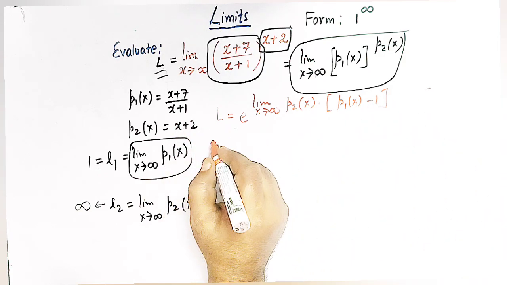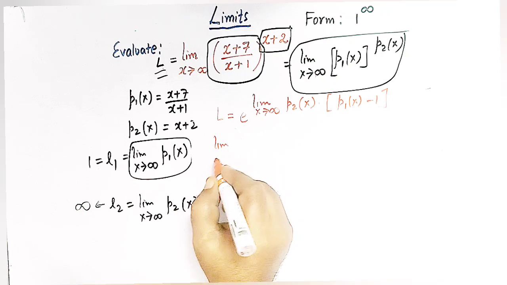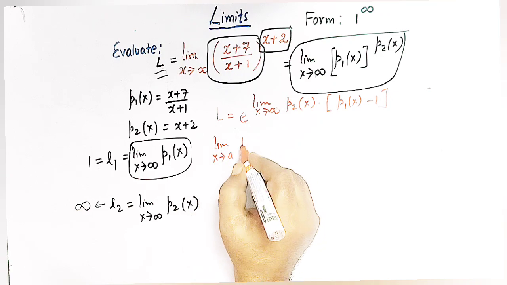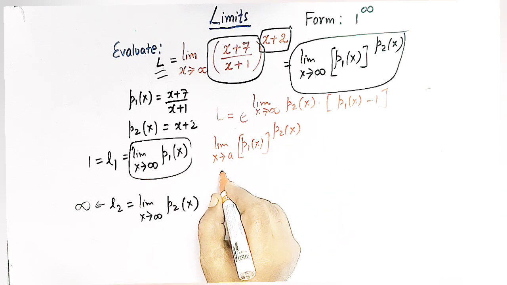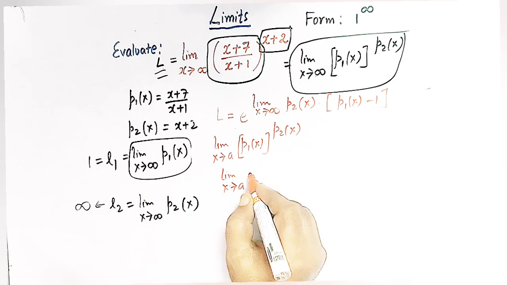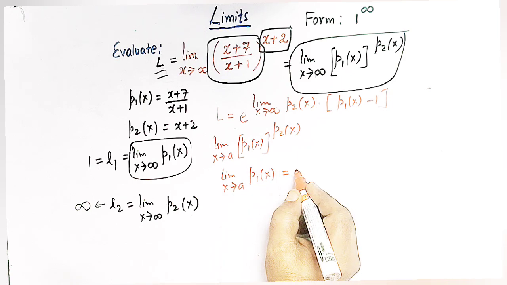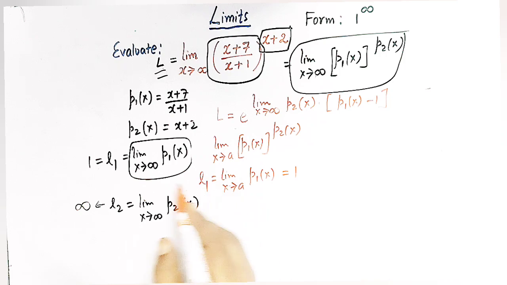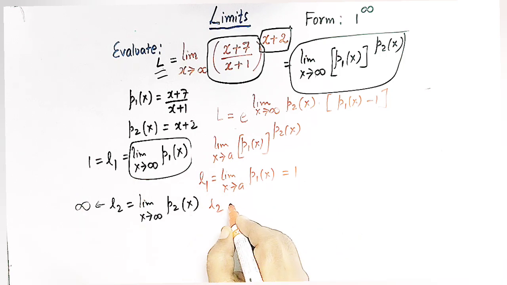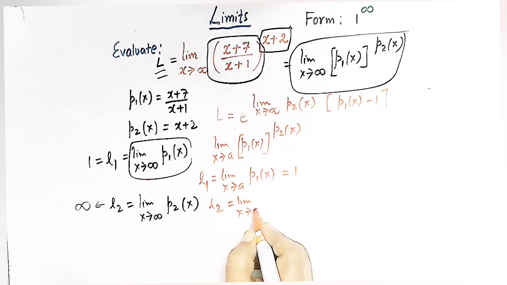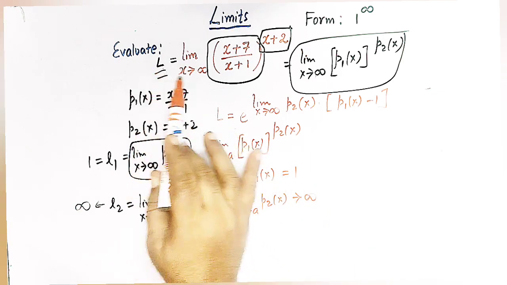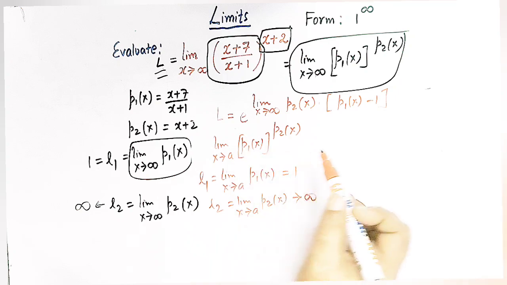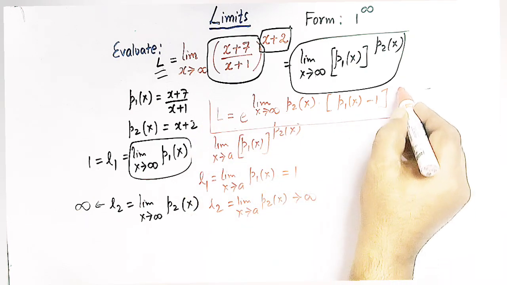Whenever we have a limit of this form, limit x tends to a of p1(x) raised to p2(x), where the limit of p1(x) is equal to 1, that is L1 is equal to 1, but L2, the limit of p2(x), tends to infinity, then in these types of limits we can directly find the value of the limit by using this result.